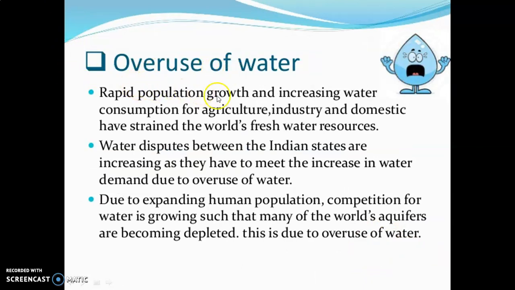Overuse of water. Rapid population growth and increasing water consumption for agriculture, industry and domestic use have strained the world's fresh water resources. The water disputes between the Indian states are increasing as they have to meet the increase in water demand due to the overuse of water. Due to the expanding human population, competition for water is growing such that many of the world's aquifers are becoming depleted.